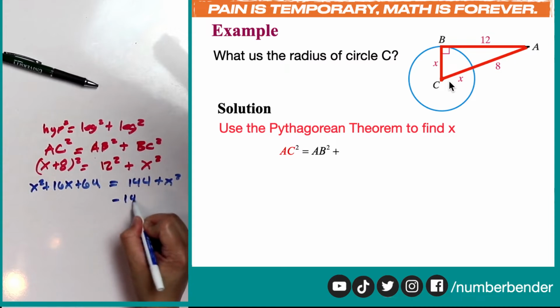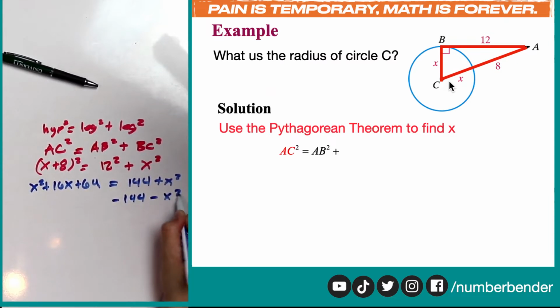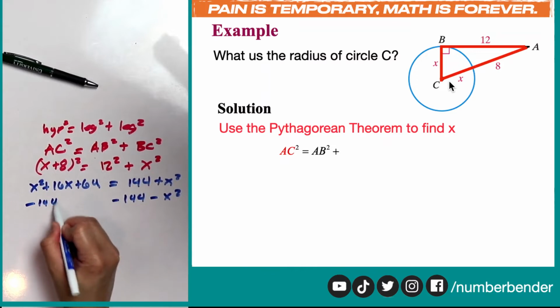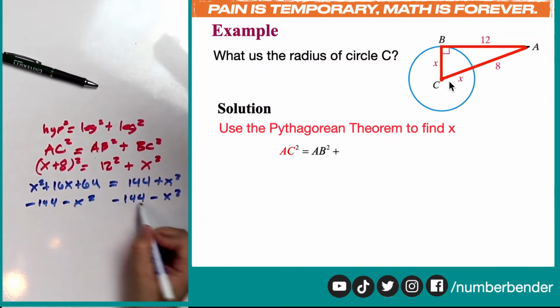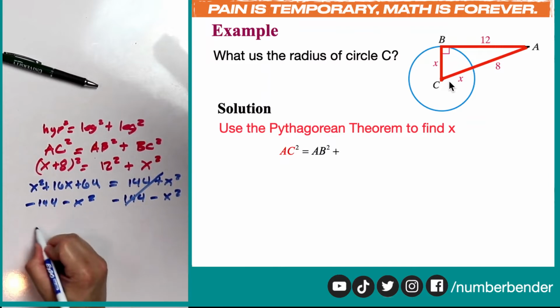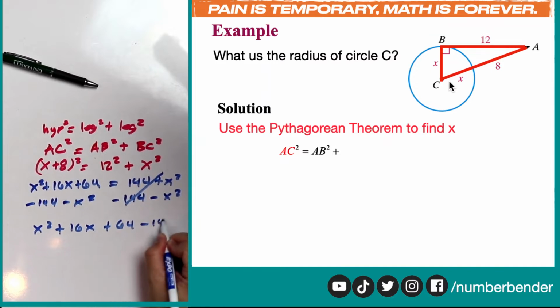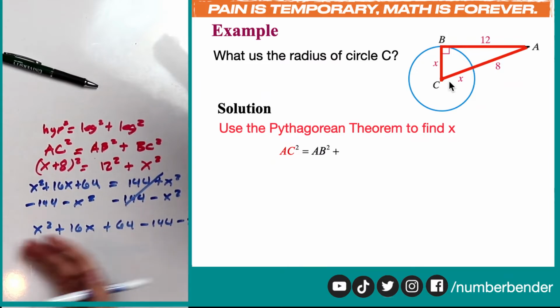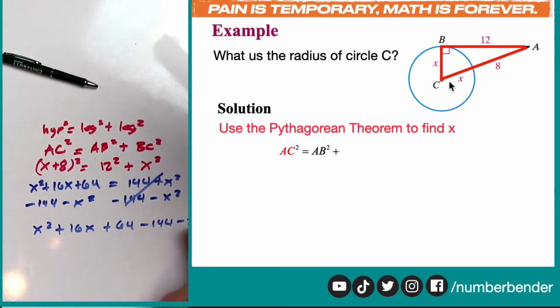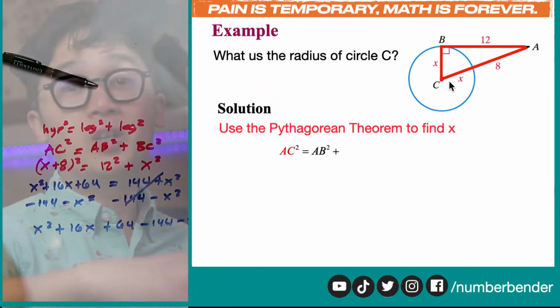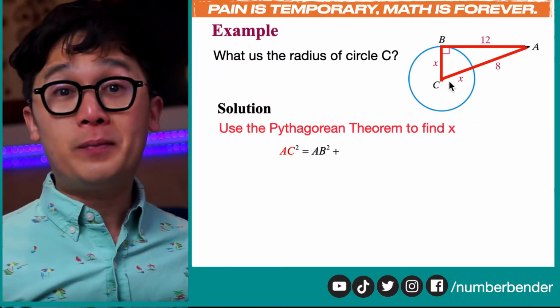So we are going to subtract 144 on this side and subtract x squared on both sides. So our new equation will equal 0 because this cancels out, and now we have x squared plus 16x plus 64 minus 144 minus x squared. You're not seeing the x squared, but you know that we have the x squared here, and by combining like terms, we'll be able to simplify our expression and equate it to 0. We're going to do it on this slide so that we'll be able to see it better.